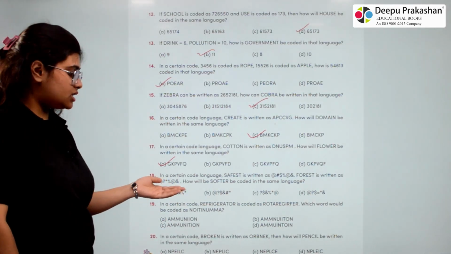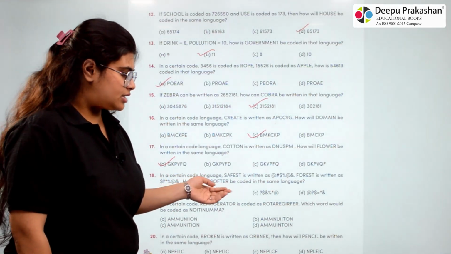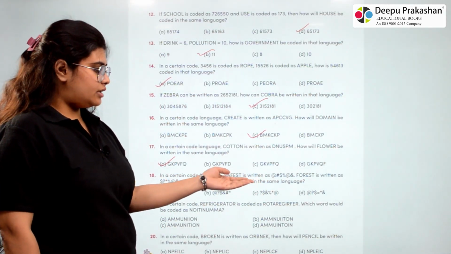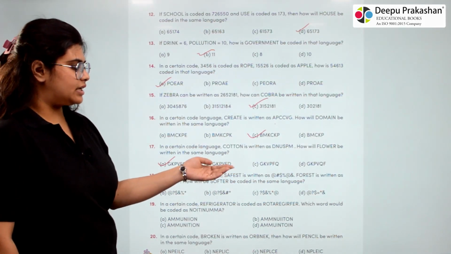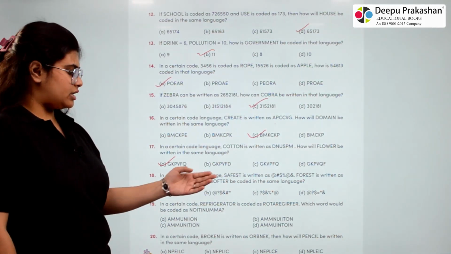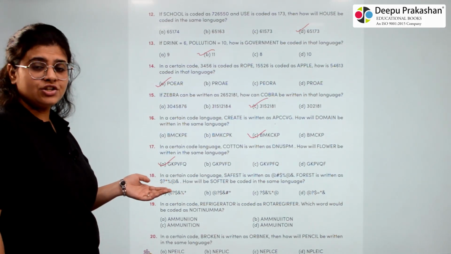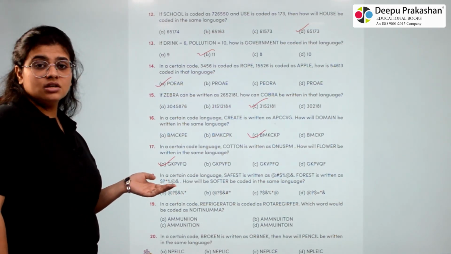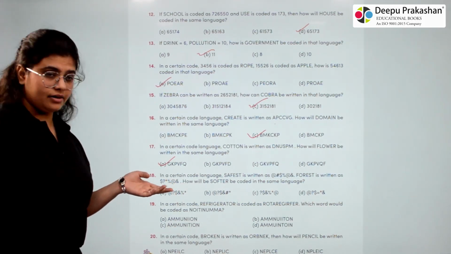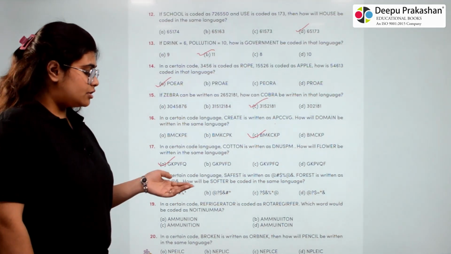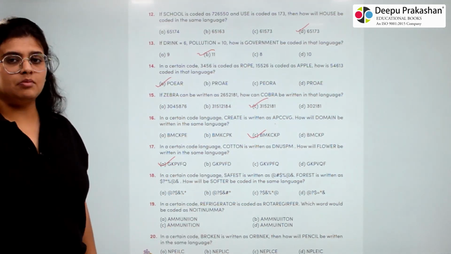18. In a certain code language, safest is written as $, %, and. Forest is written as $, $, %, and. How will softer be coded in the same language?